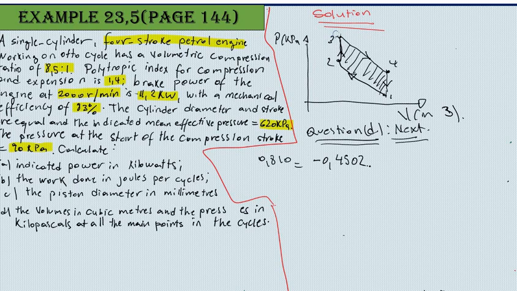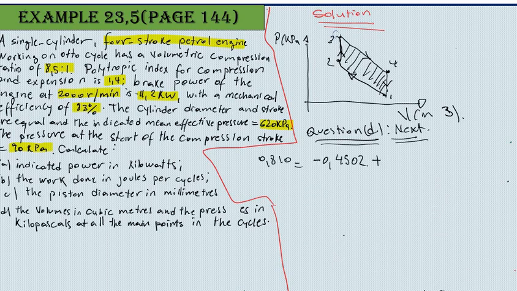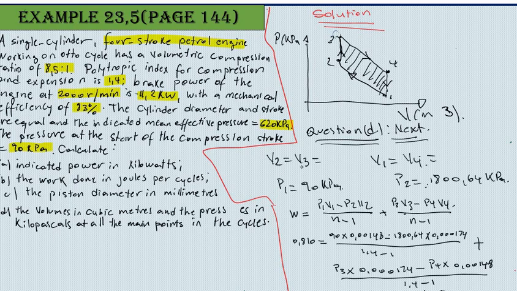So I have this, and then I need to add the other part. I need to say P3 multiplied by V3. Here I'm going to use V3, which is the same as V2. So we have this value.